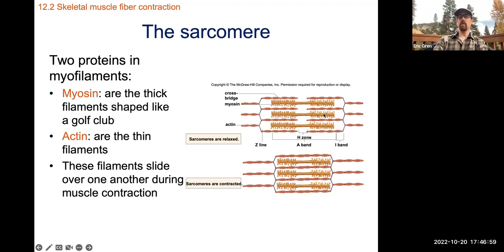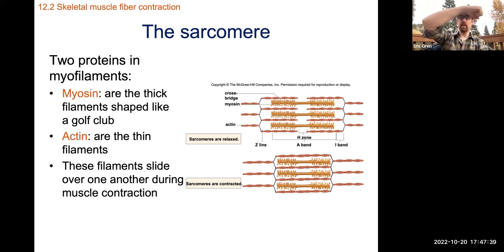Shown in orange here, those are what we call the myosin filaments, or the myosin protein. You can notice they've got these little barbs on them. The little heads on the myosin are shaped like little golf club heads. Those heads are actually called actin binding heads, and they're going to reach out, grab onto the actin, and form a bond with the actin protein, and then that golf club shaped head is going to flex.